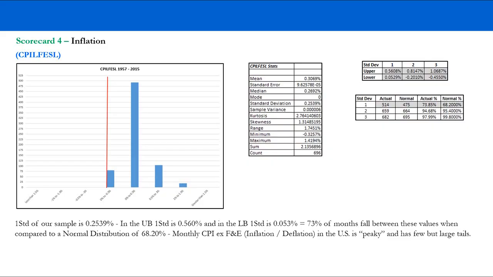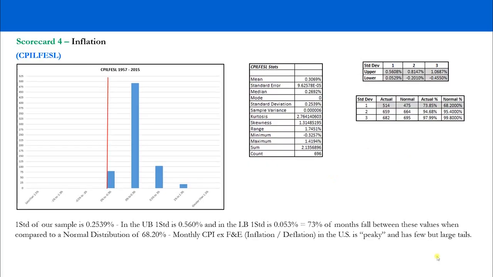So it's actually very similar in that respect to the CPI, which includes food and energy. But this number here is obviously very different. In the lower bound, our one standard deviation move in a month is actually still positive, which is very surprising. It basically means that there's an incredible skew towards positive data in this data set.